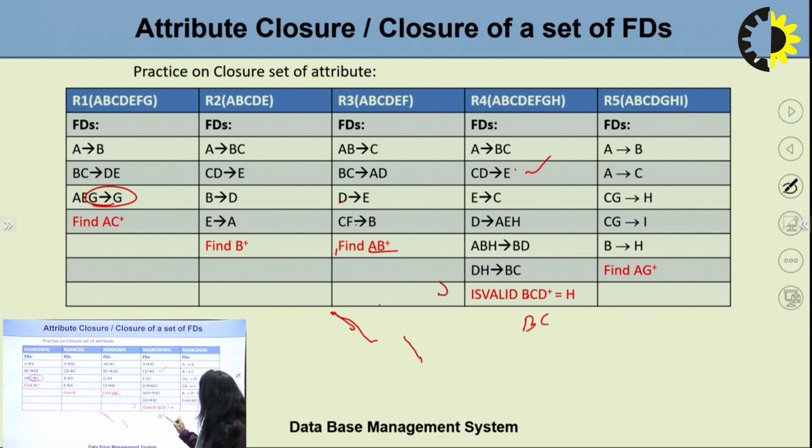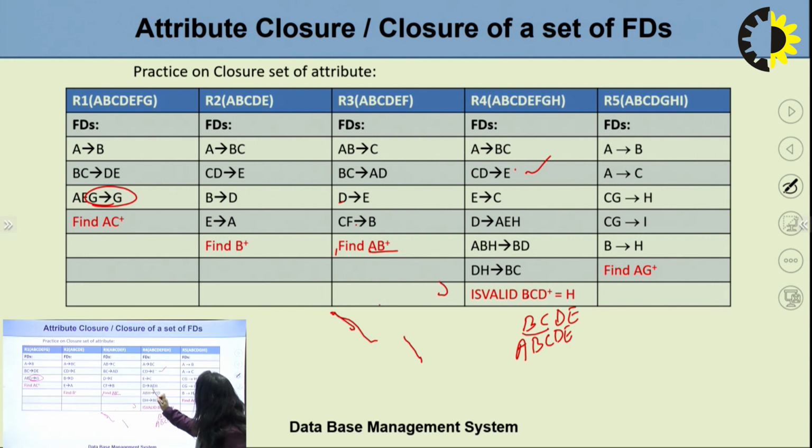B, C, D, E. If we have this B, C, we can determine this A. So A, B, C, D, E, and this.